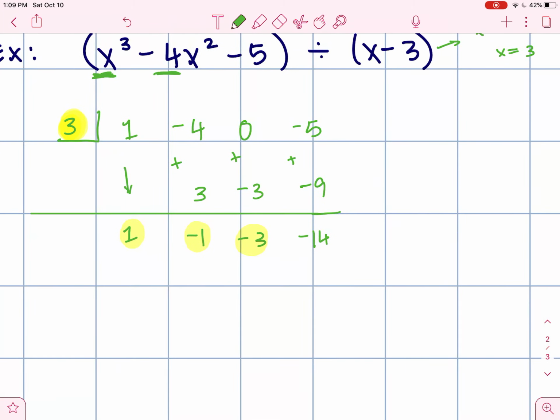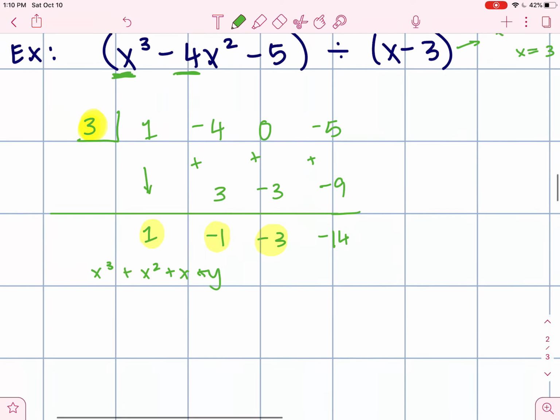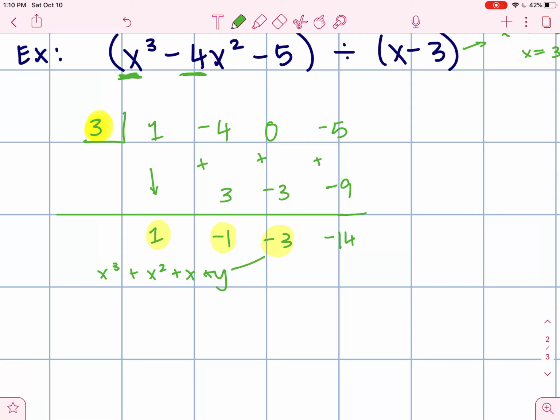And remember, we want to match up our x's and our coefficients, so x cubed plus x squared plus x plus y. And these are just placeholders. Our -3 would match up with our constant, our -1 would match up with our x, and our 1 would match up with our x squared.